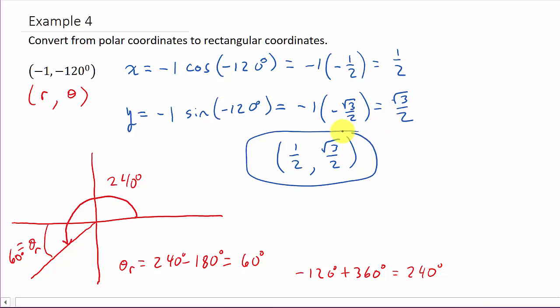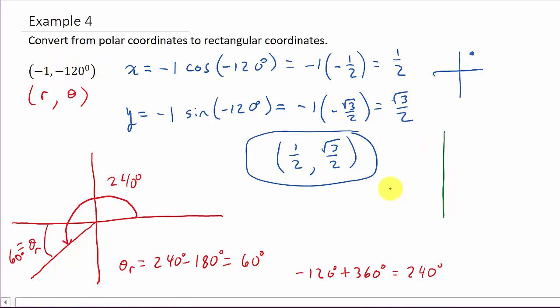Now, it's kind of weird how this angle is over here in the third quadrant, but if we plot this on an xy coordinate system, if I go over 1/2 and up square root of 3 over 2, I'm in the first quadrant. That's where being able to understand how to plot these things comes in.